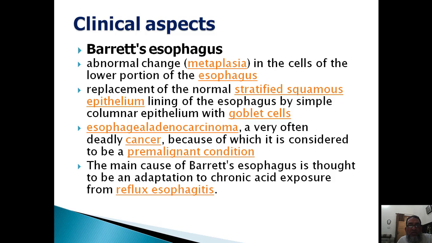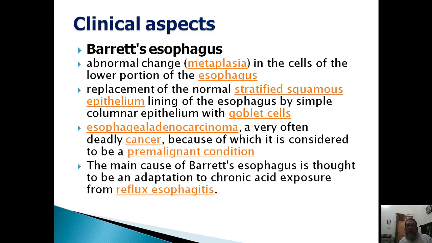When it is replaced by simple columnar epithelium with goblet cells, now always remember, it is called a metaplastic change. When the lining epithelium is changed from stratified squamous to simple columnar with goblet cell.